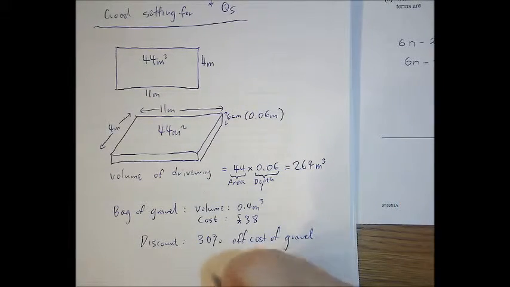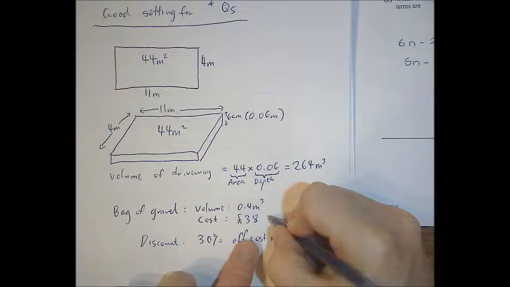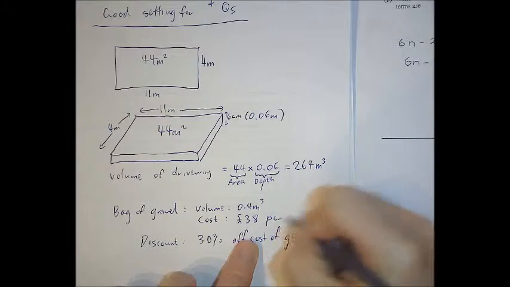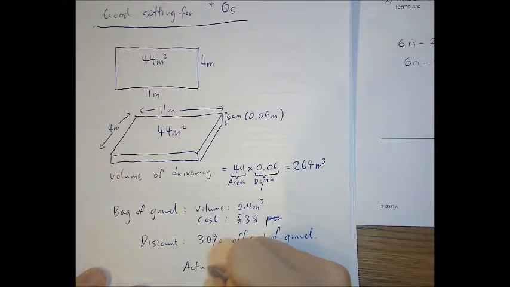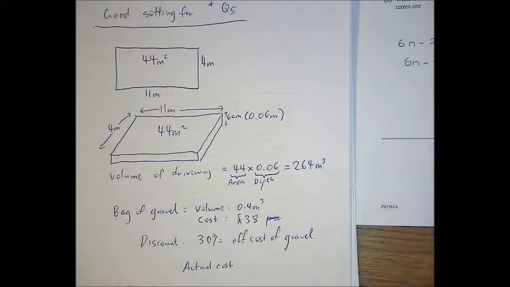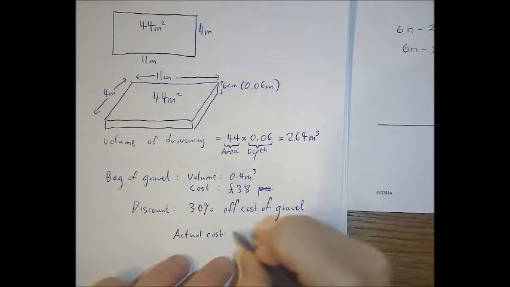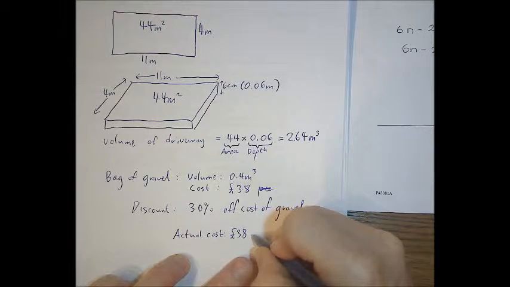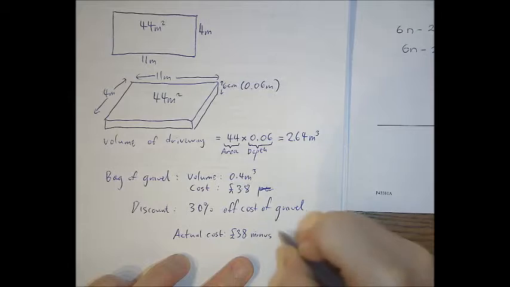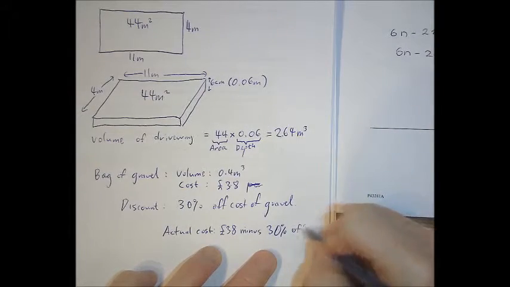So what I'm going to do is write actual cost of a bag of gravel is, and again I'm going to try and line it up with what I had before. It's going to be £38 minus 30% of £38.